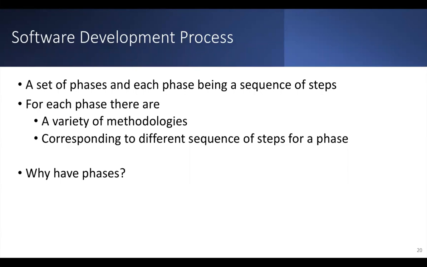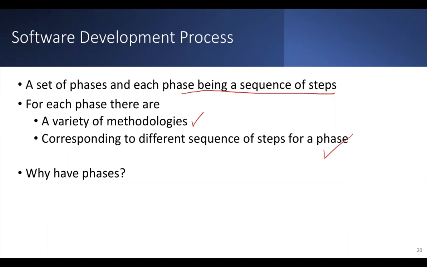It is a set of modules or a set of phases, and each phase is a sequence of steps. For each phase, there are a variety of methodologies that are used to satisfy the functionality of each phase, and each phase would correspond to a different sequence of steps within it.